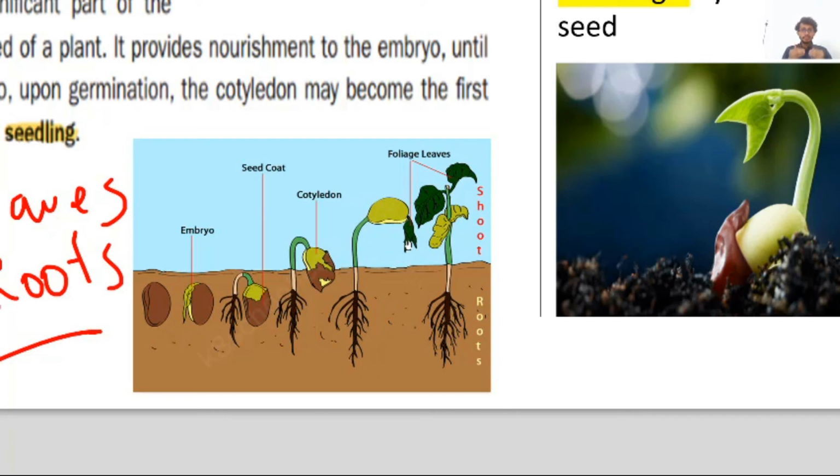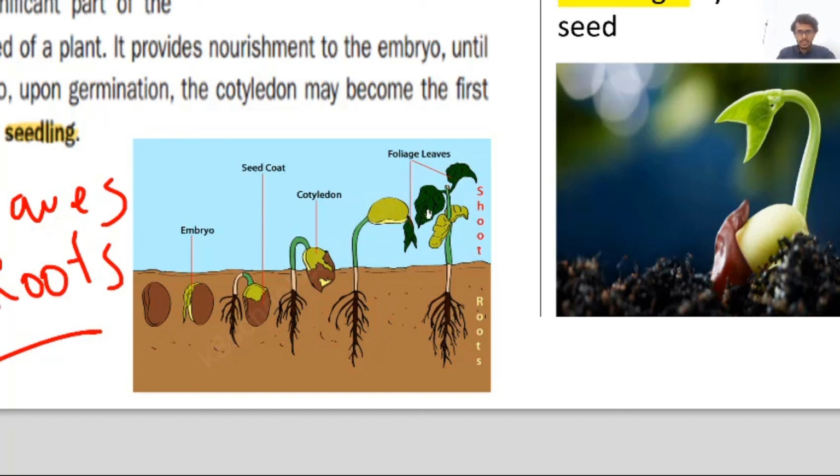When the plant is growing, new leaves are forming. Now when the new leaves form, the plant does not need the cotyledon, because it can make its own food. So now this cotyledon is not needed.